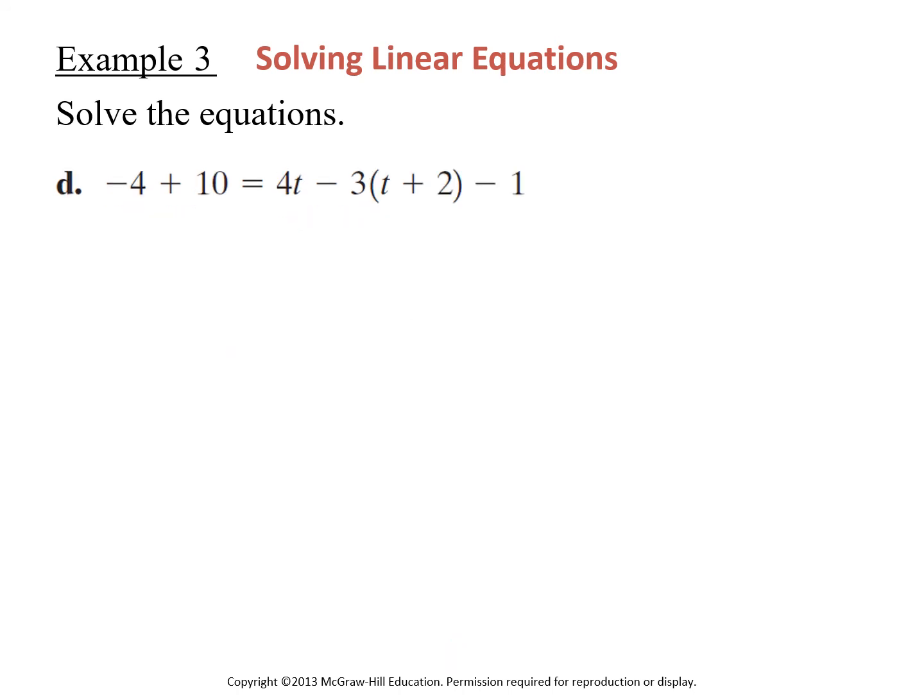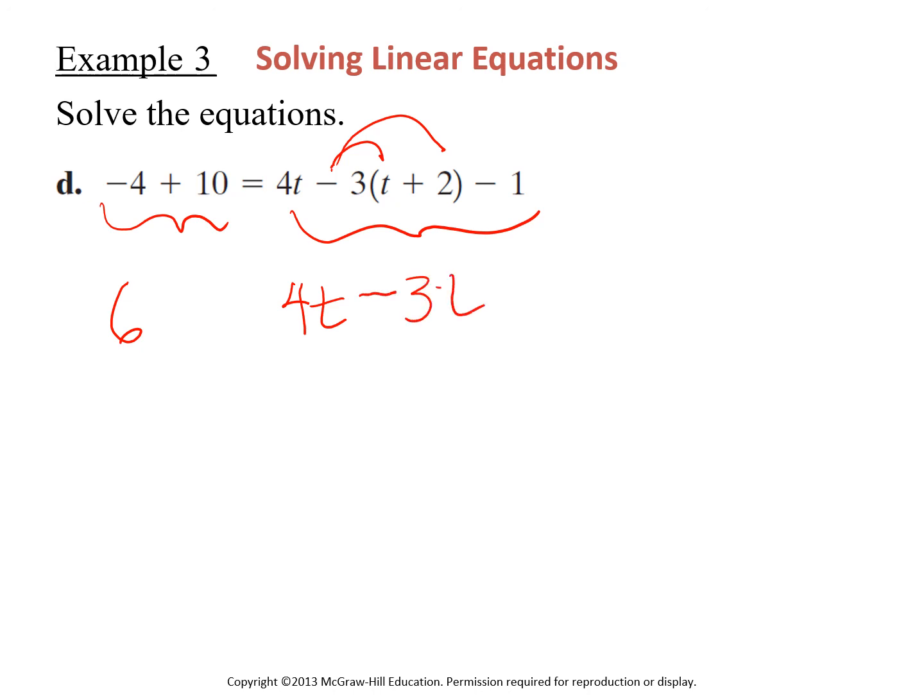Again, I have to simplify each expression before I can solve the equation. So on the left, negative 4 plus 10 is 6. On the right, the first thing I want to do is distribute the negative 3. So multiplying twice, negative 3 times t is negative 3t.